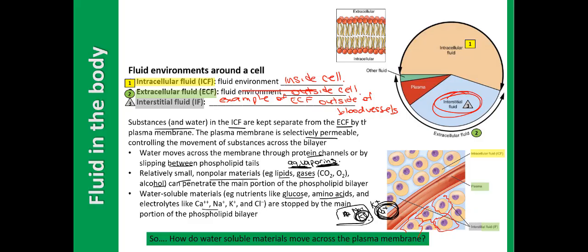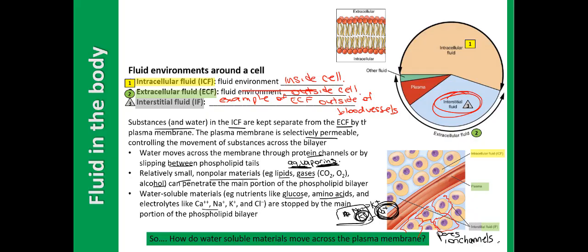How do we ensure that potassium and sodium, amongst other things, can actually go in and out of the cell? The answer comes with the fact that the cell membrane is semi-permeable and that there are pores or ion channels that allow these charged particles to cross the cell membrane.